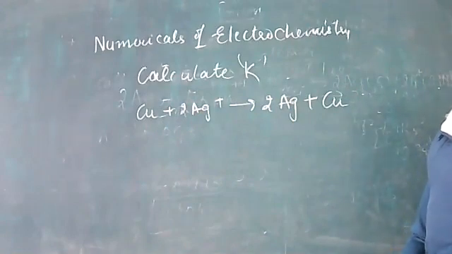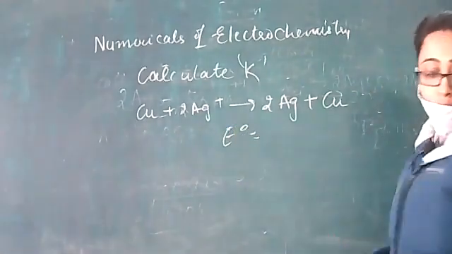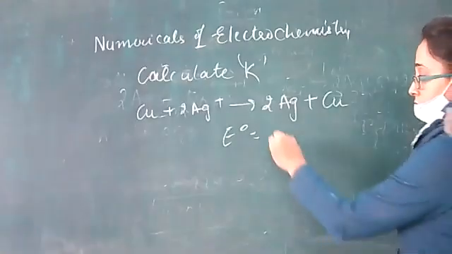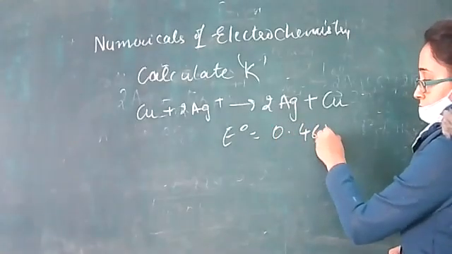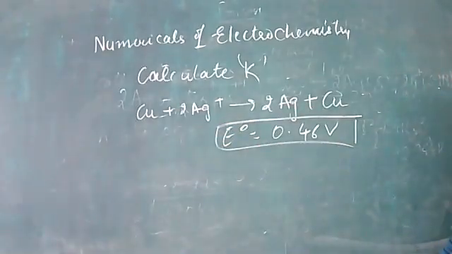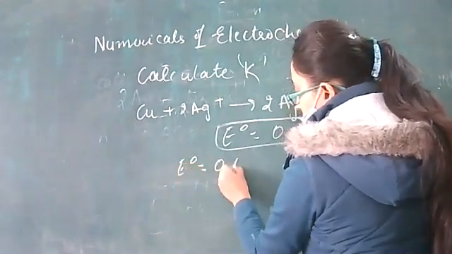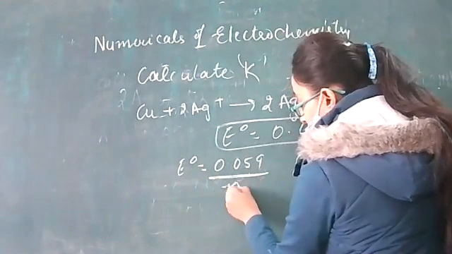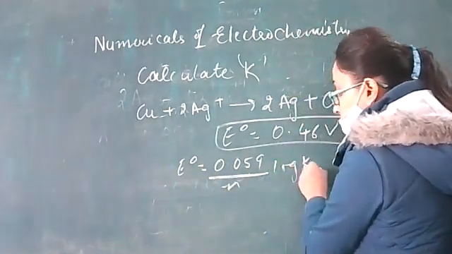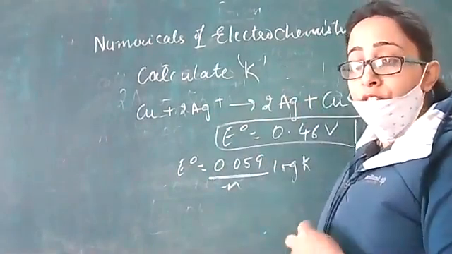And for the reaction E naught is already given to you, no need to solve, 0.46 volt. Now what is the relationship between E naught and Kc? We know the relationship between E naught and Kc is this. We did this yesterday.